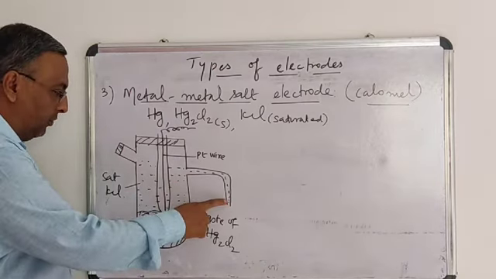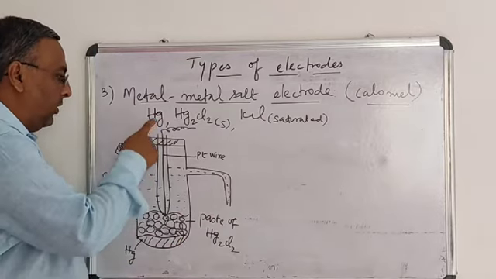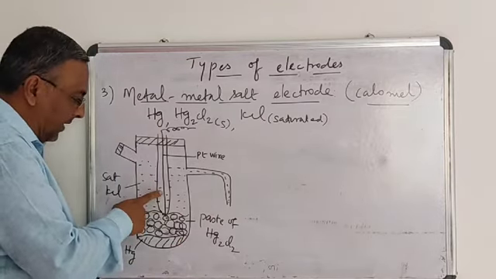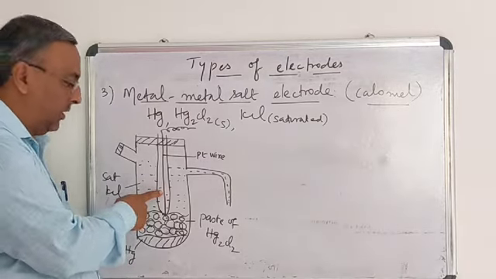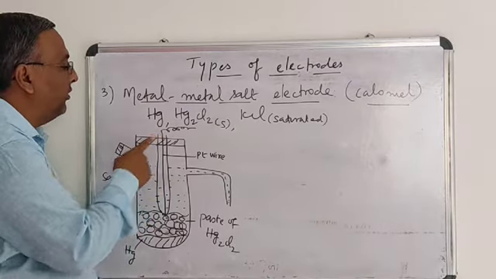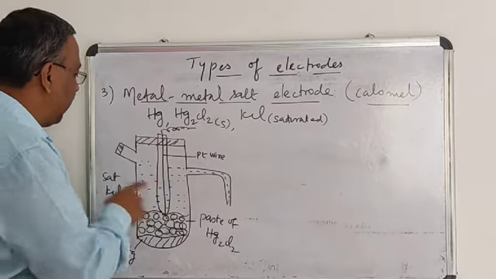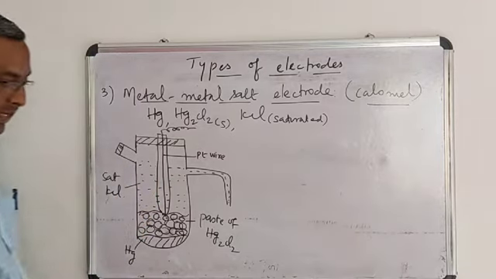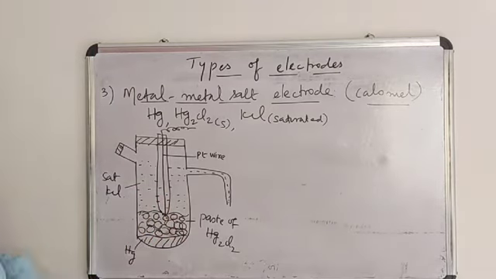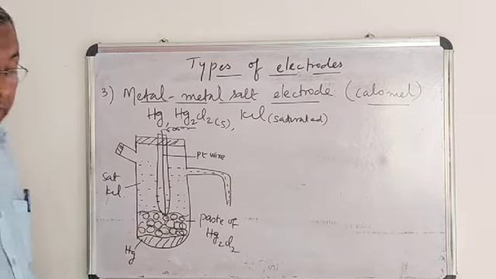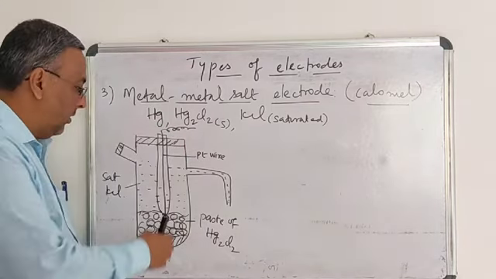There is a jet tube to connect with the other cells, and an unattackable metal, platinum, is used to make an electrical contact. Here it is a platinum wire, and here a side tube to add the saturated potassium chloride solution. This is the diagram of the calomel electrode, and it can be neatly set up in the laboratory.